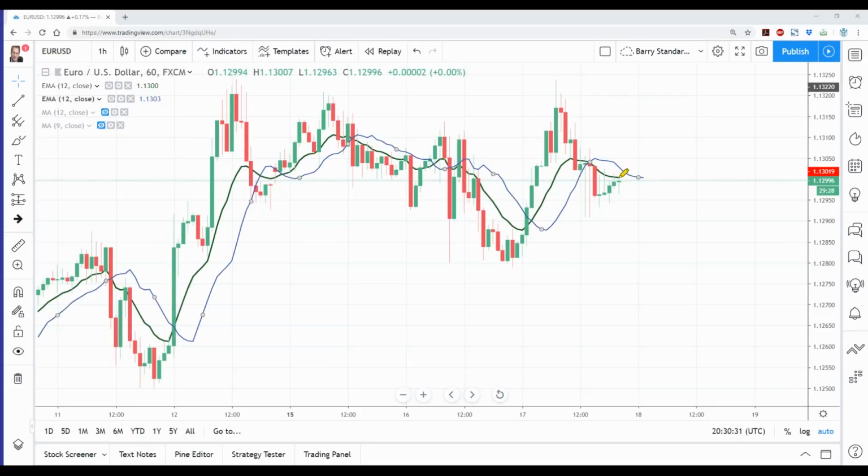So instead of it being here, it's here. So it's like you took something up and just pushed it forward 5, right? So now this is helping us predict where price would be moving forward.